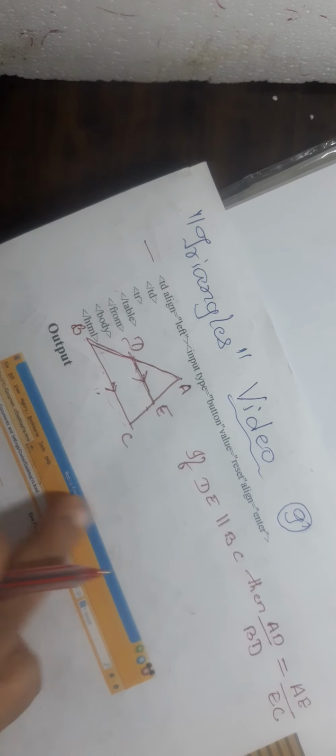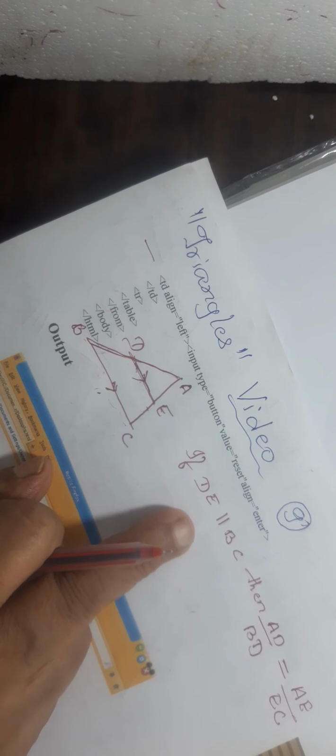If DE is parallel to BC, in our mathematical language, then AD by BD is equal to AE by EC. Try to understand what I am telling. What Thales has told: if a line is parallel to one side of a triangle, it divides the other two sides in the same ratio.